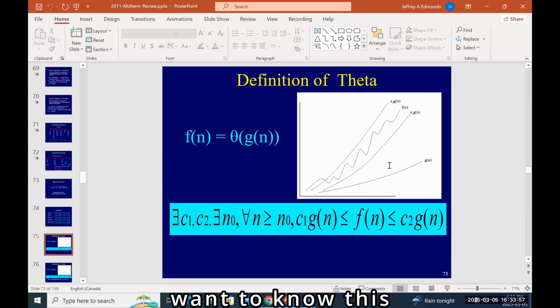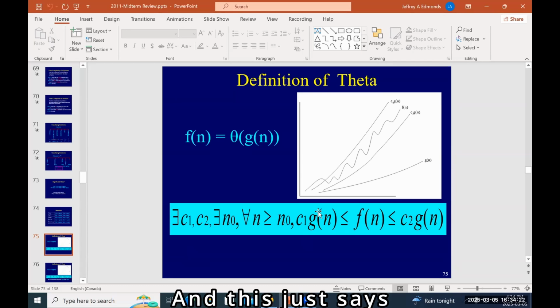Someday you might want to know this if you're taking logic, but I happen to know it's not on the test. There are some constants, constant 5 and constant 3, more or less. Let's forget about all this in naught stuff. That's just little things. For any sufficiently big n, we're bounded here.